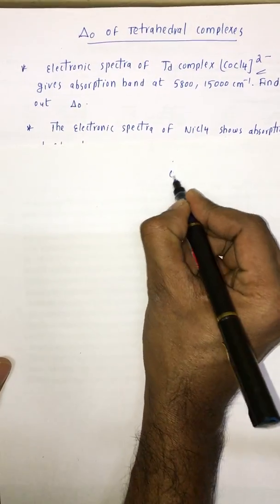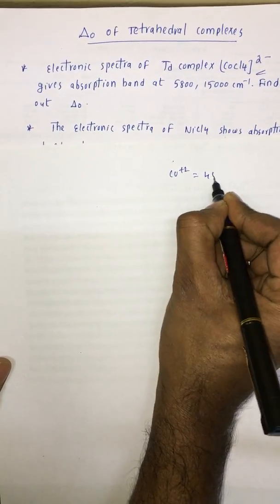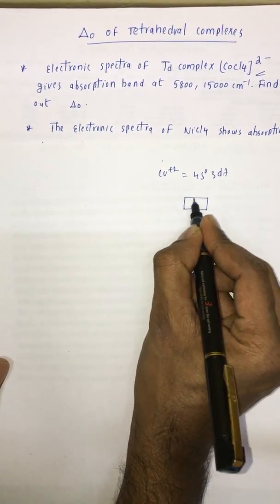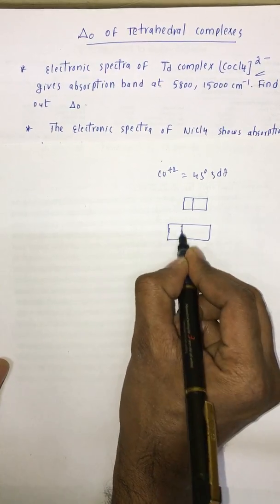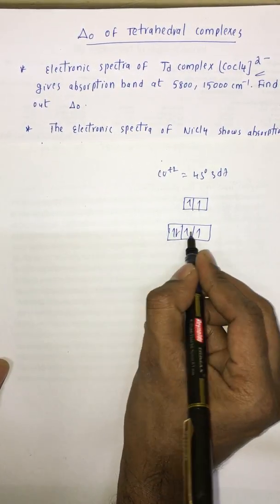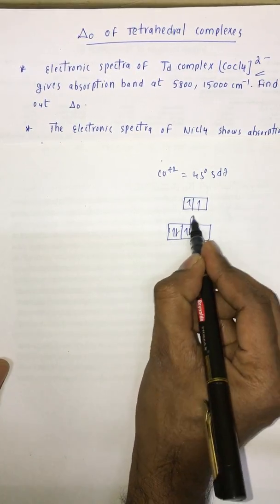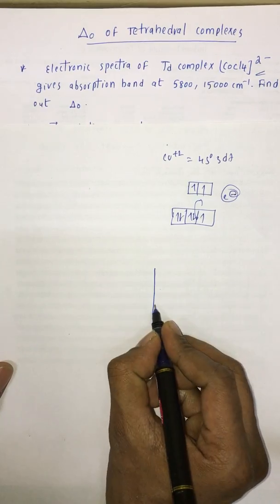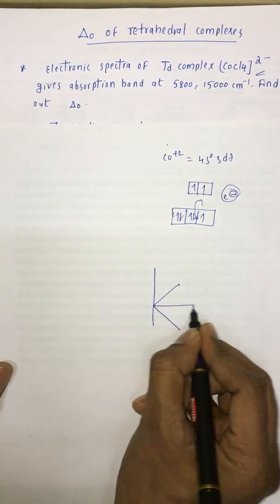So here we have cobalt +2, 4s0 3d7. So this comes under electron promotion. This will be opposite to the F term splitting in an octahedral field.